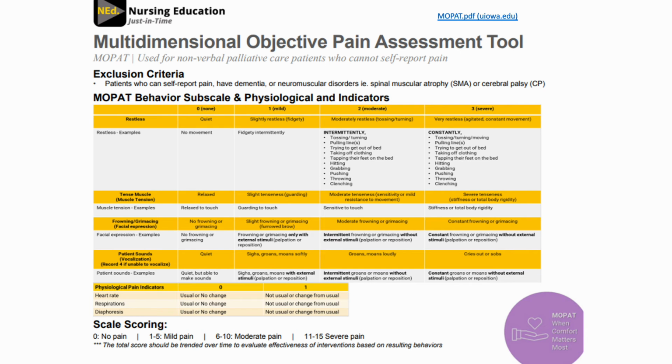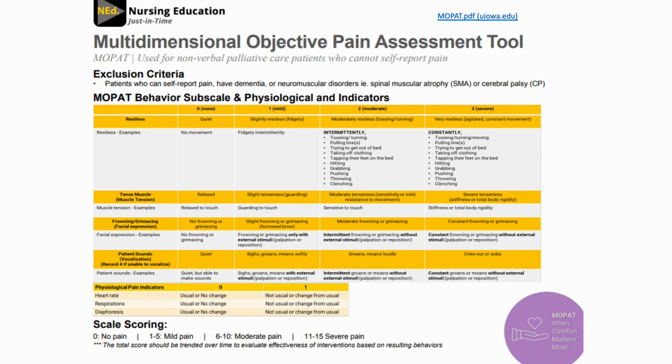But as we can see from this multidimensional objective pain assessment tool, it looks at restlessness, rigidity, moderately restless, very restless. It looks at muscle tension. Then it looks at frowning, so much like our FLACC scale did. And then it looks for vocalization. So you're taking a lot of things that were in the FLACC scale, but then you're also looking at heart rate, respirations, diaphoresis. And so this is something that may be useful to try to use.